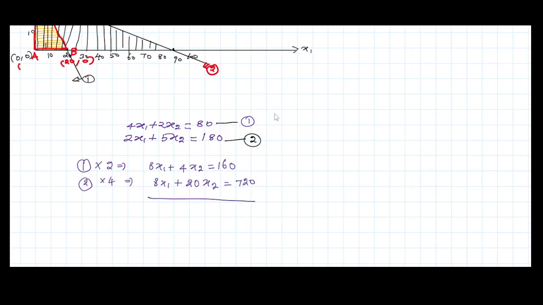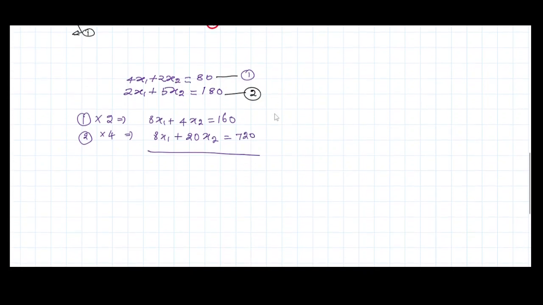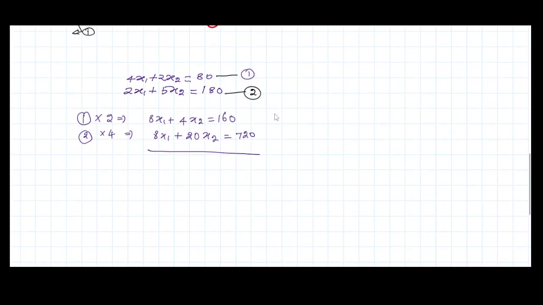If we subtract these two, we get minus 16x2 equal to 160 minus 720, which is minus 560.